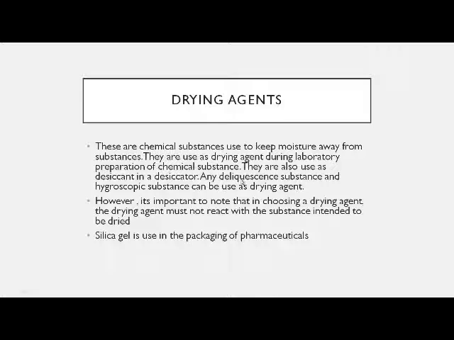Examples of substances used as drying agents can be either deliquescent or hygroscopic. Any deliquescent or hygroscopic substance can be used as a drying agent. However, it is important to note that in choosing a drying agent, the drying agent must not react with the substance intended to be dried.